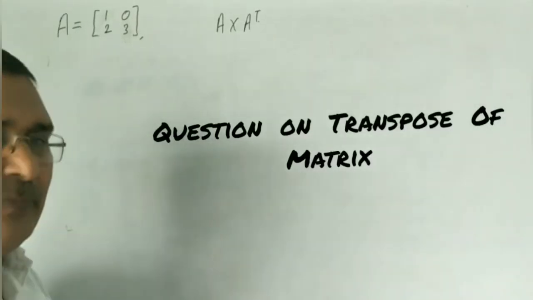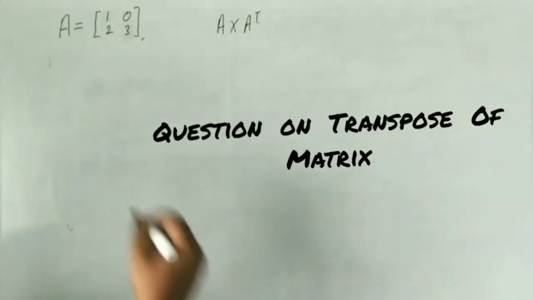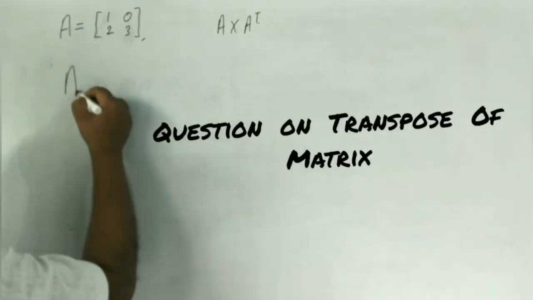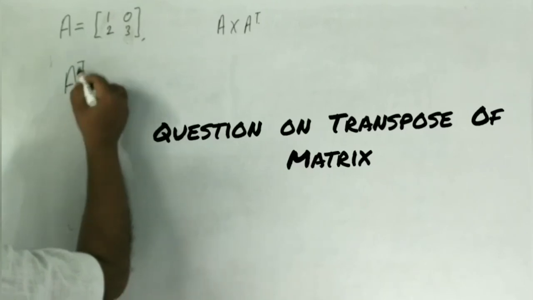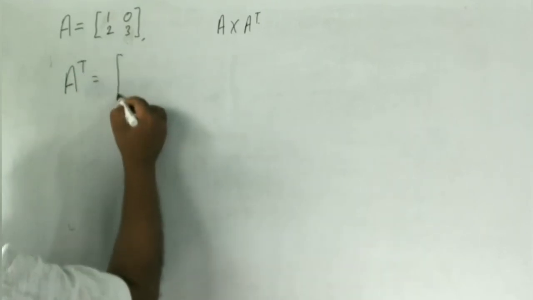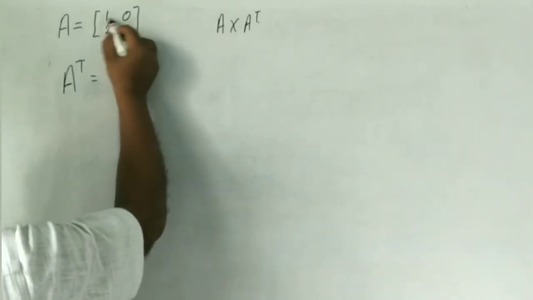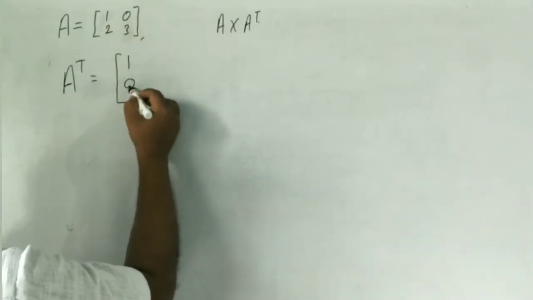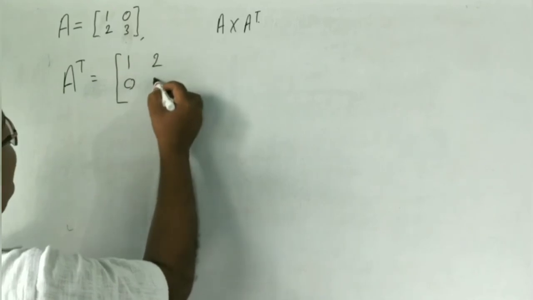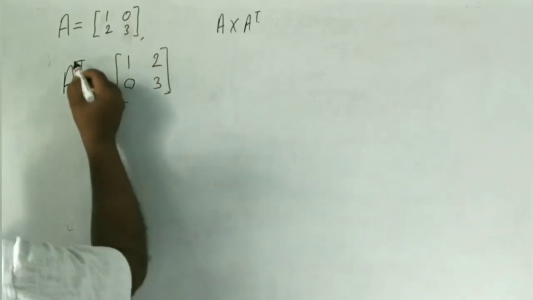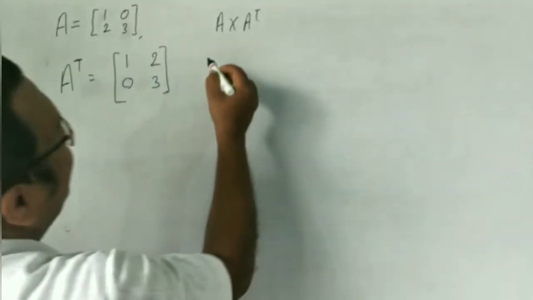Finally, I want to end up with the last question. So, transpose of A. You know what is transpose of A? Interchanging rows and columns. First row will become first column and second row will become second column. So, transpose of A is very important, remember.